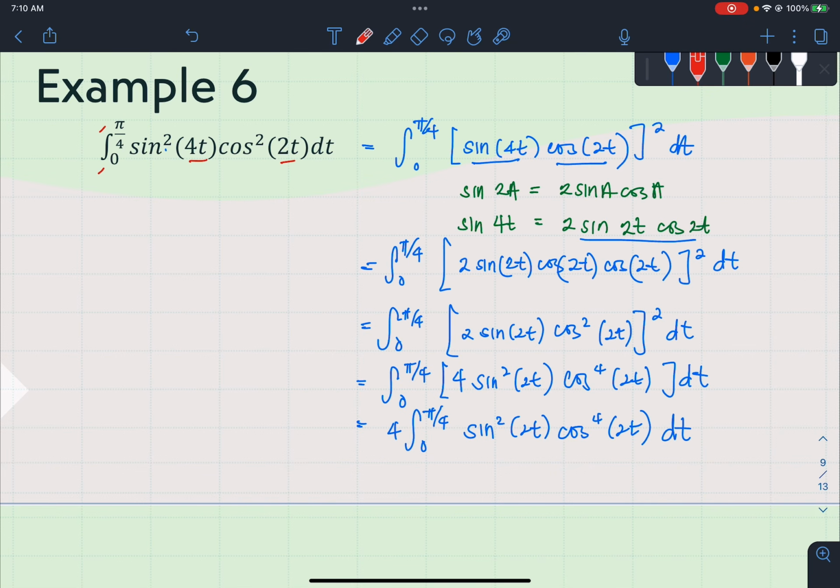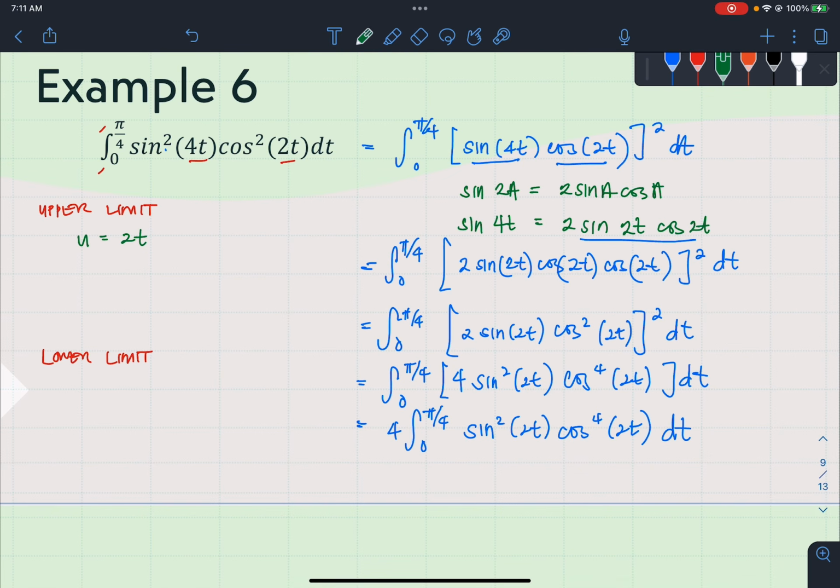To transform this one, we're going to use the same idea, just like what we did in example number 5. So we let u be our angle. Our angle is 2t, so u is equal to 2t.